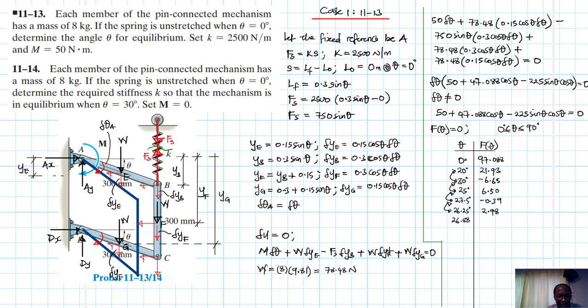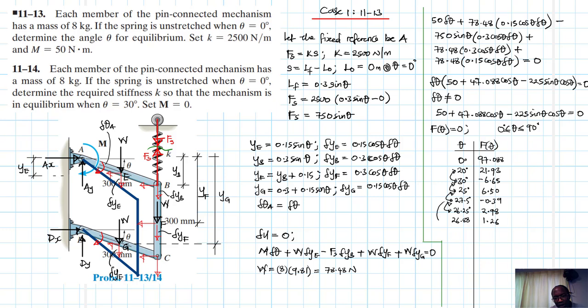We plug it in again, 50 plus 47.088 cos 26.88 minus 225 sine 26.88 cos 26.88.